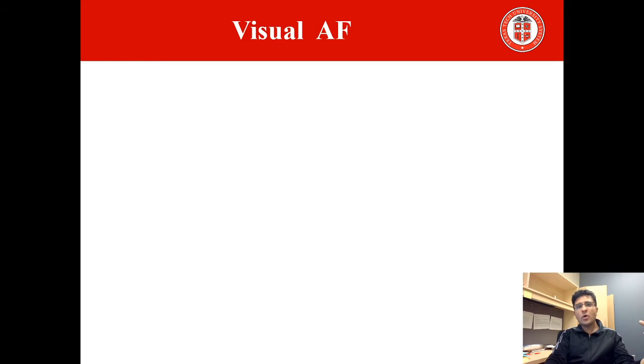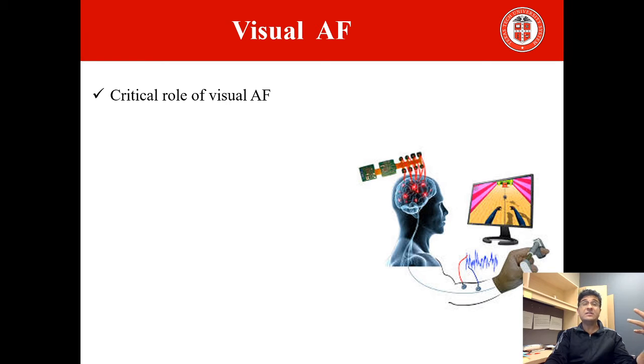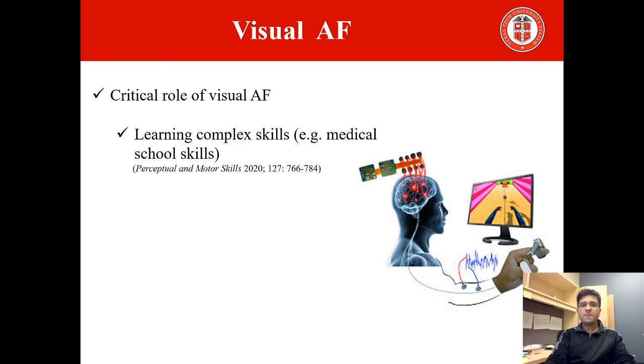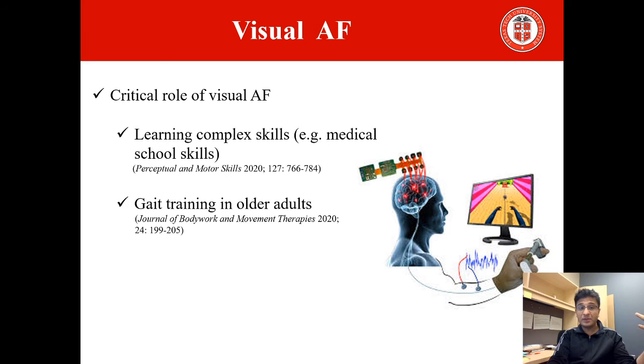If we talk about visual augmented feedback, it is very critical because vision is the most important sensory modality, and that is why any feedback given through it is really important. It can be utilized in learning complex skills, let's say in a med school.